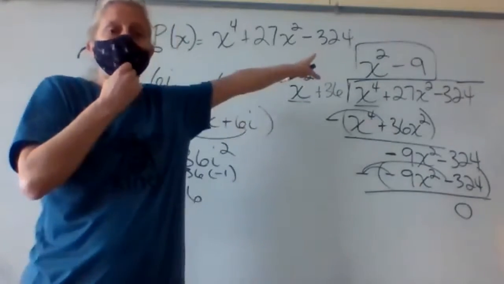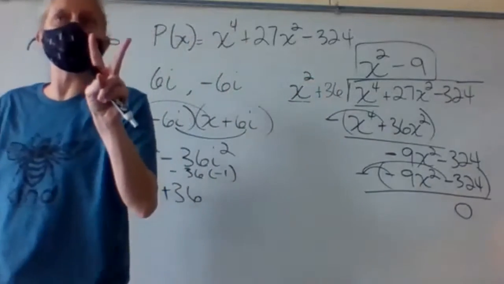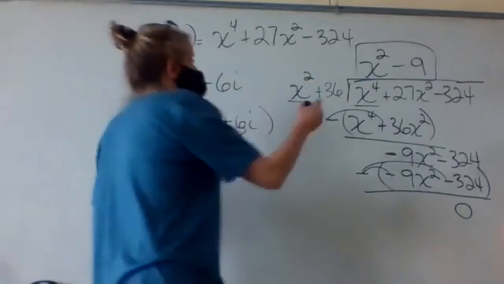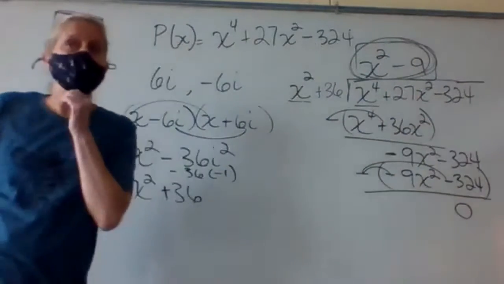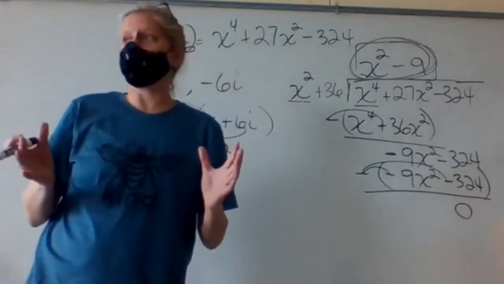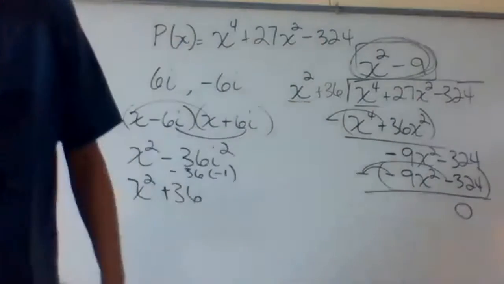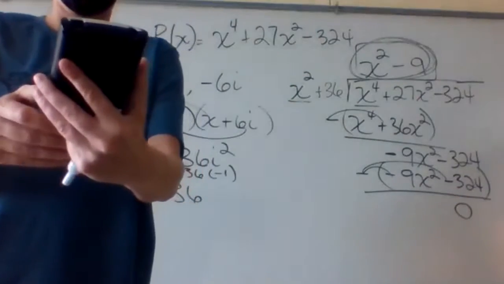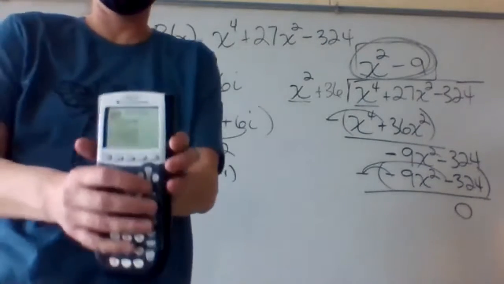I can use the other factor to find the other two zeros, right? If I did the division and got x squared minus 9, but I'm looking for zeros. I'm not looking for the factor. I'm looking for zeros. Put that in your quad. So quad.